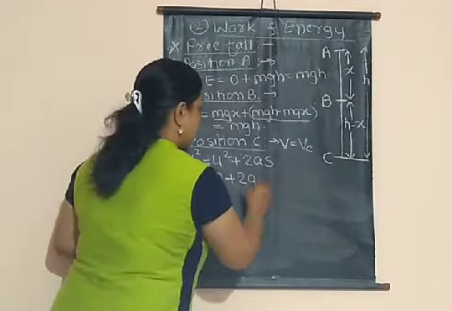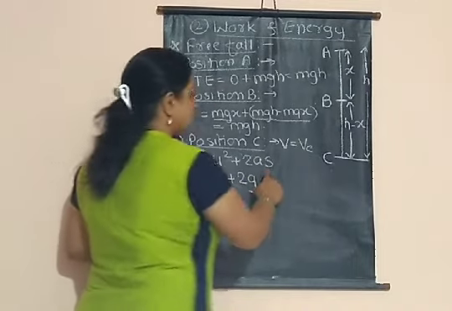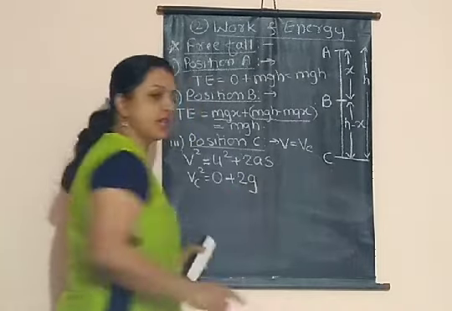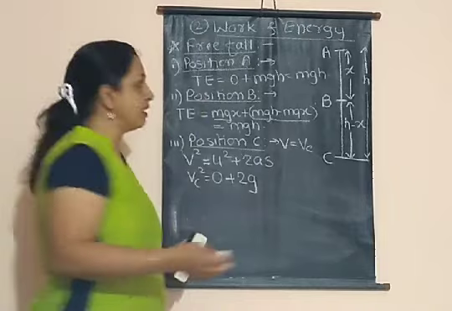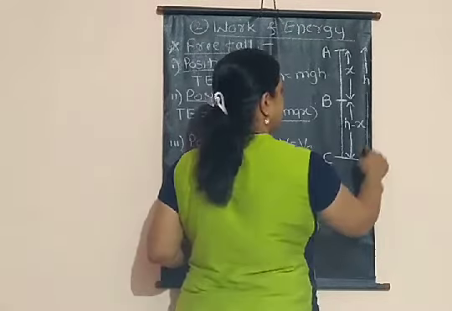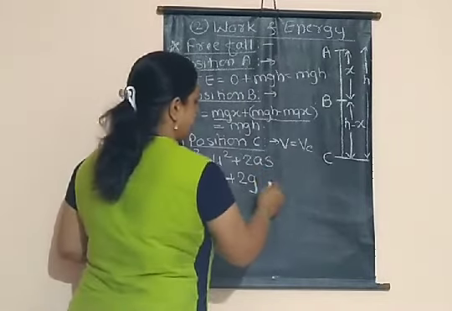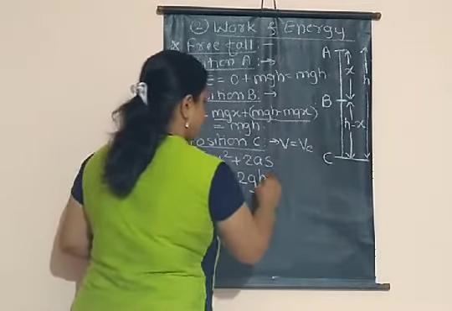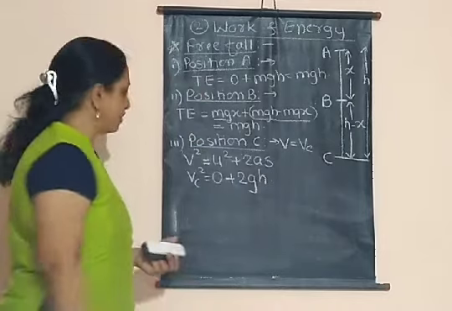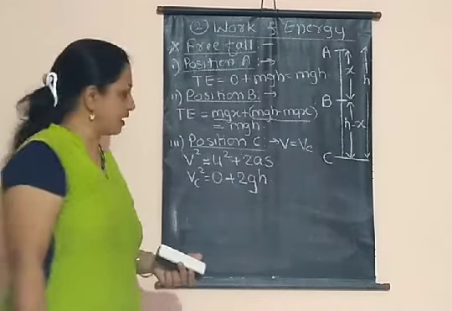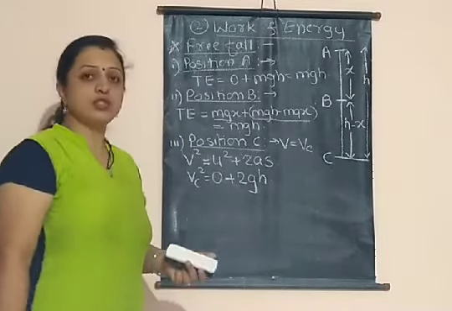And what is the distance covered by the object? That is nothing but h, that is the total height. So this displacement s is equal to h. It means we will get the value of vc square, and that is twice gh.